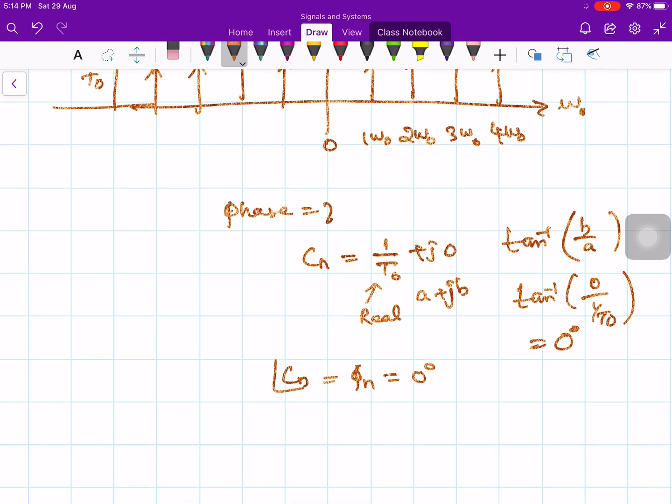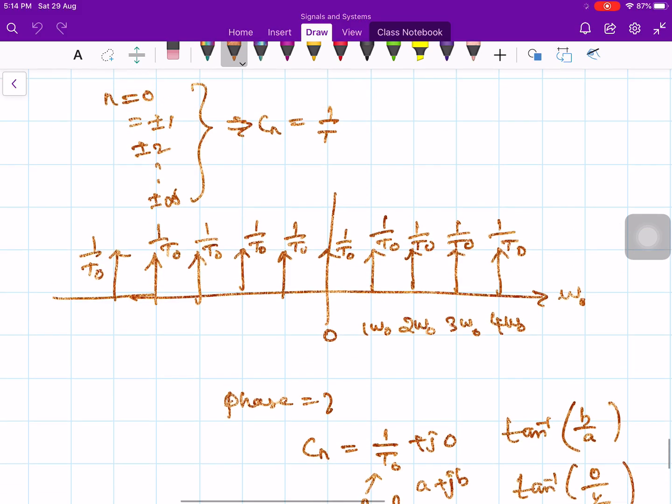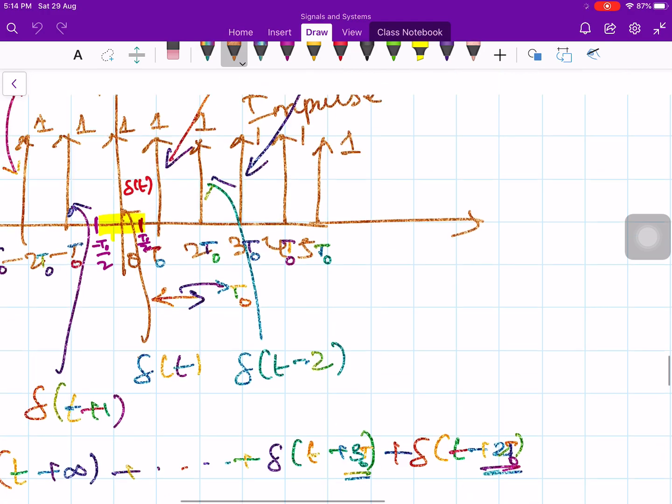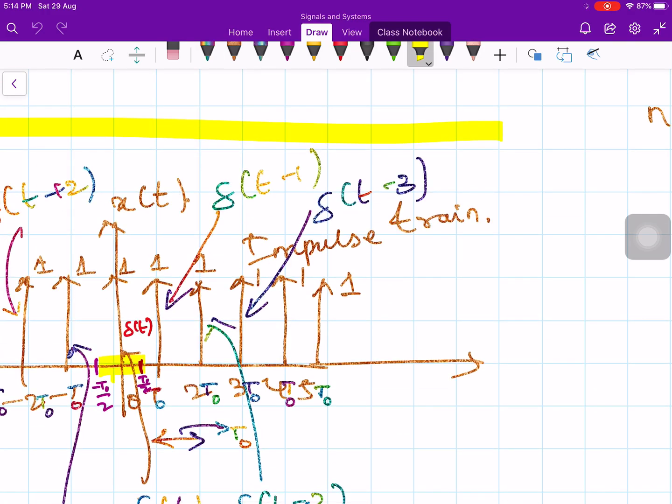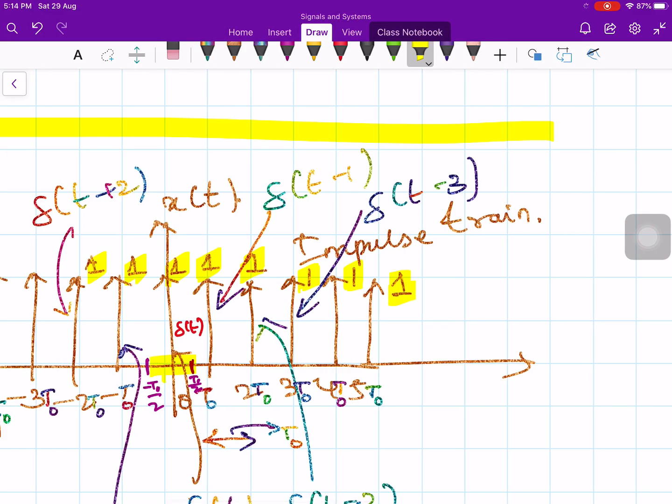So it's a very interesting result that we got now. You have a train of impulses of unit strength, all of unit strength, occurring regularly at intervals of t naught. From one sample to another sample, that interval length is t naught.